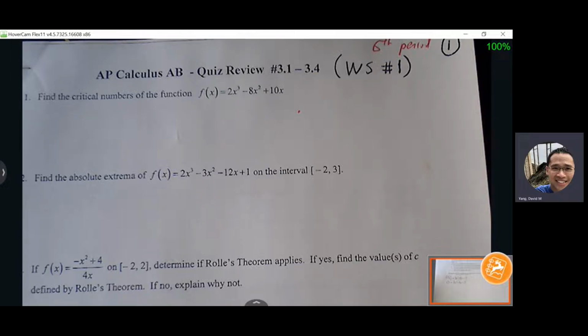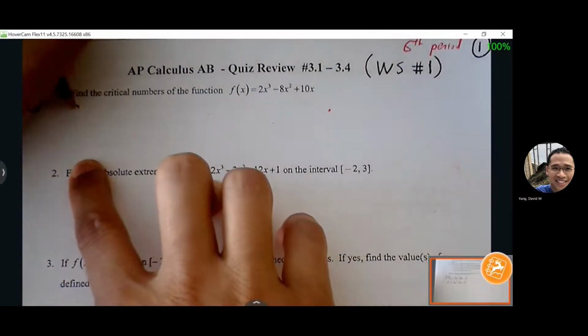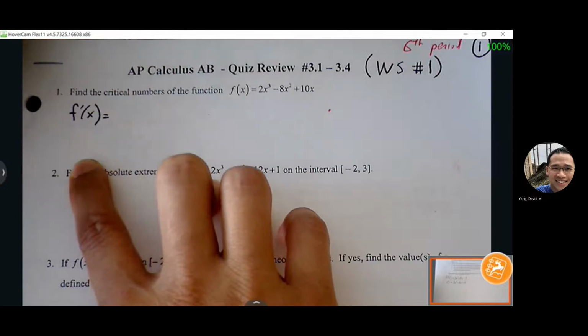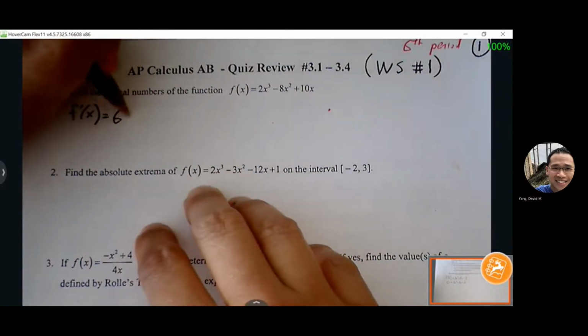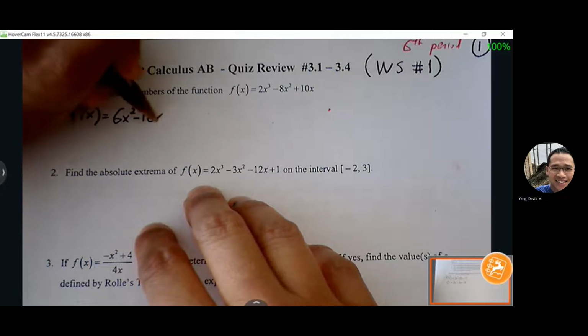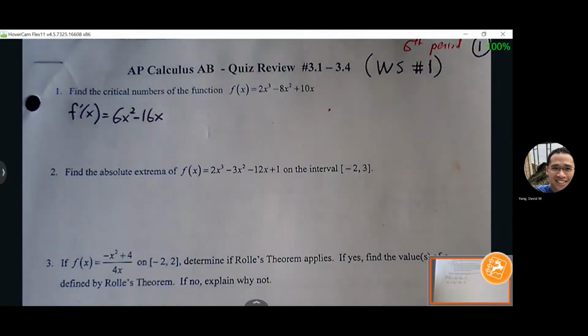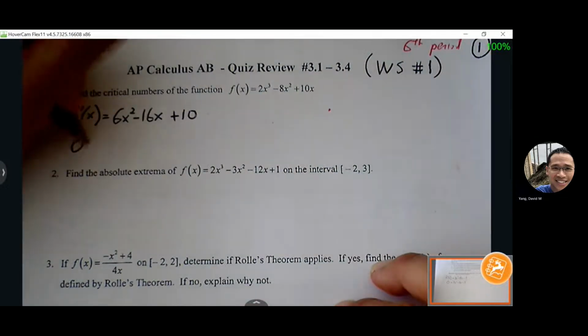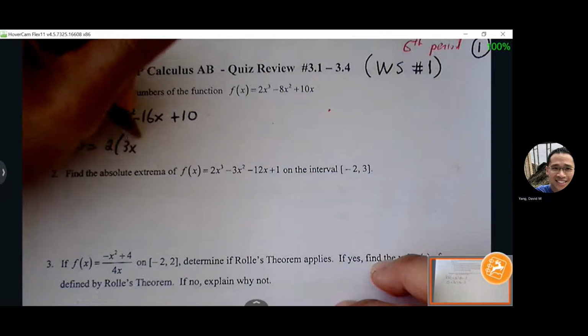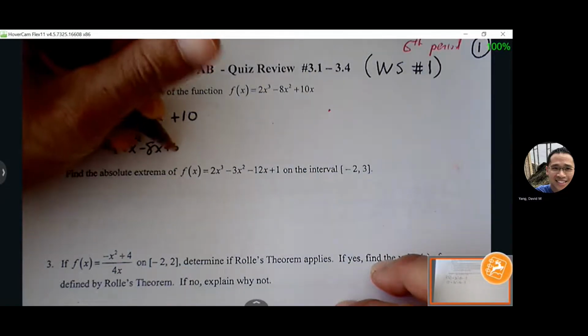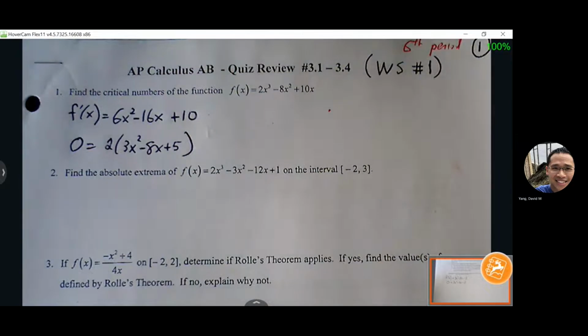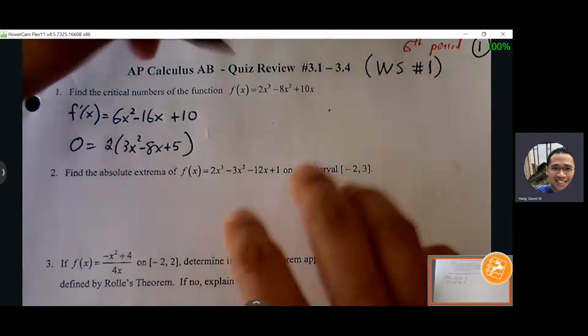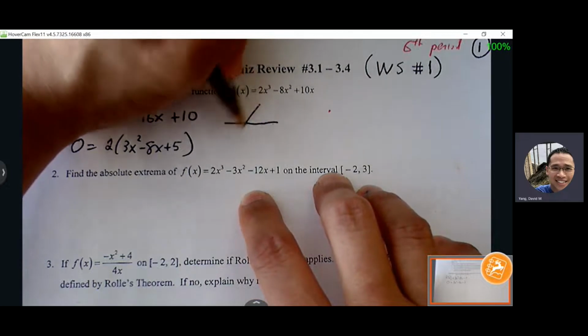Okay, so try number 1. Factor using the star method, if that works for you.